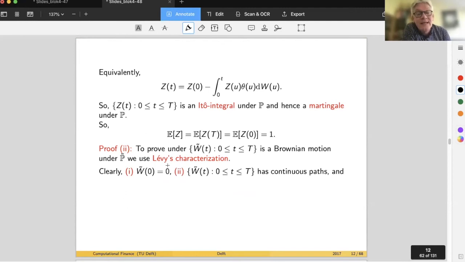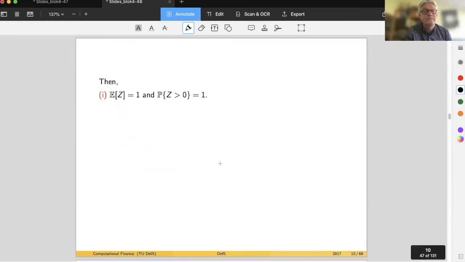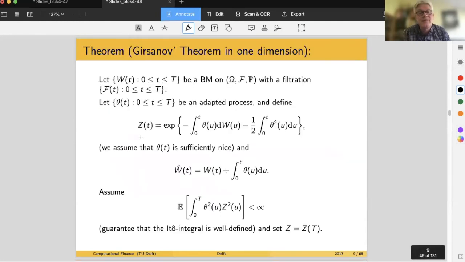Secondly, W tilde t has continuous paths. Let's look at the definition again. Here is the definition. W tilde t is equal to W_t plus the integral from 0 to t of theta_u du.